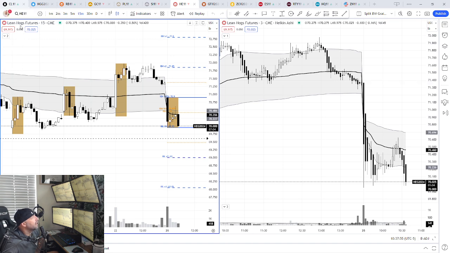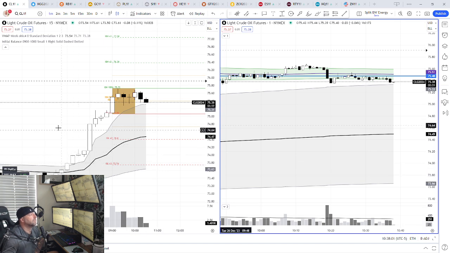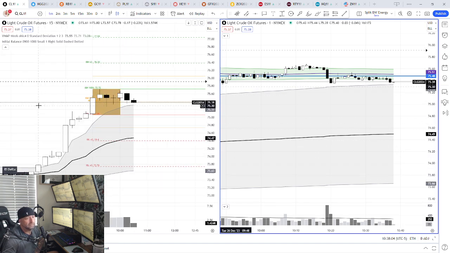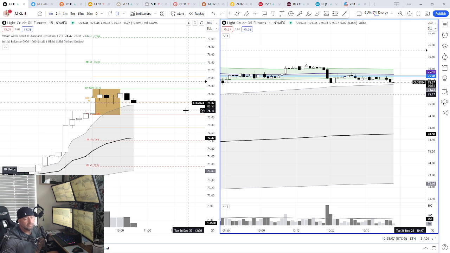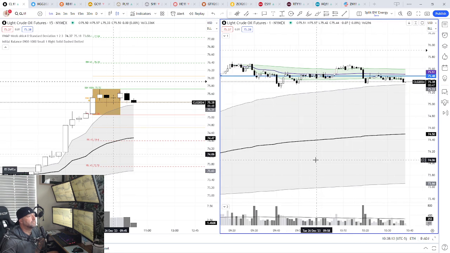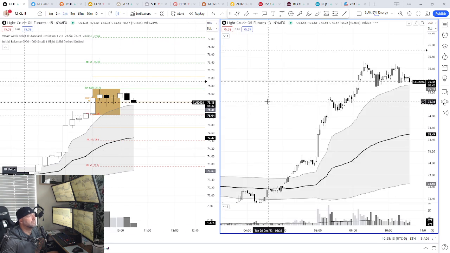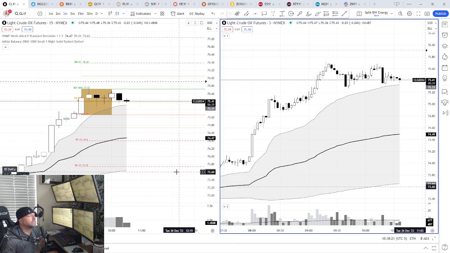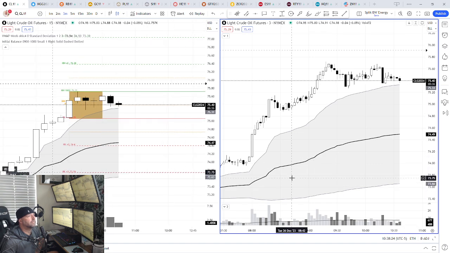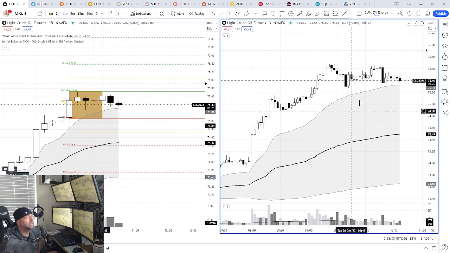Got oil testing value area high. This could be an interesting long. But I don't like this weakening bounce look here.